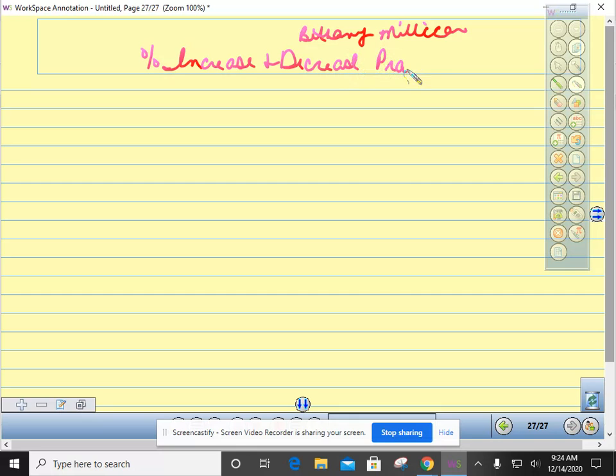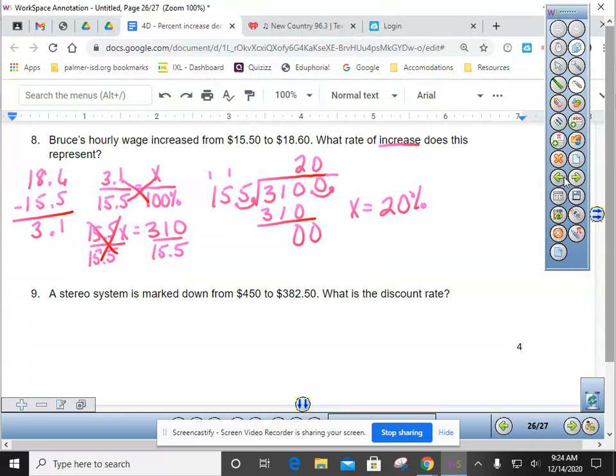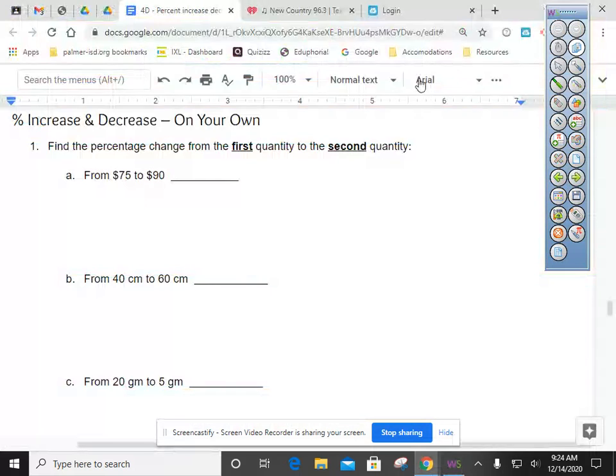You can write practice if you want. And then you're going to number 1 and circle it. If you have it printed, then just do it on there.